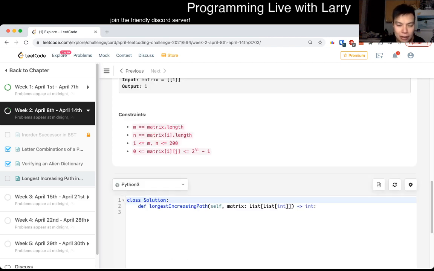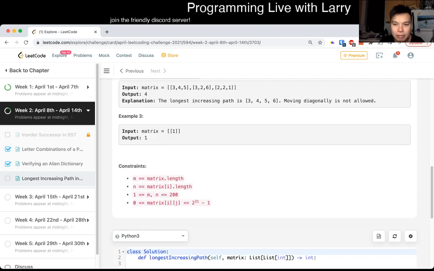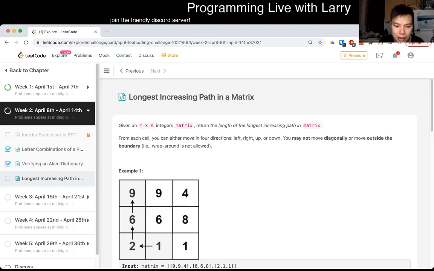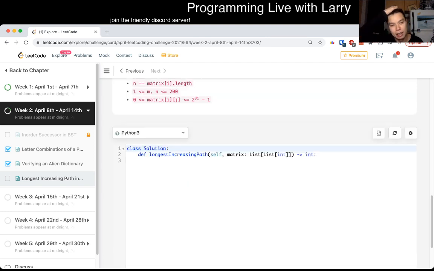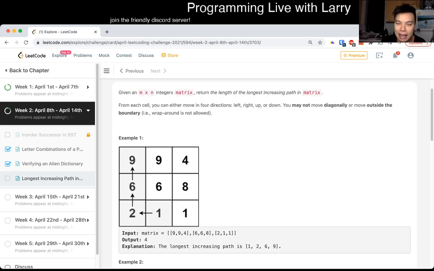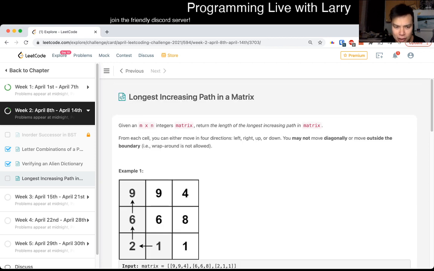So n, the number of cells in this case, is 200 squared. You can do this in a couple of ways. I'm going to do it recursively. The key thing to know for this problem is that this matrix is going to be a DAG.